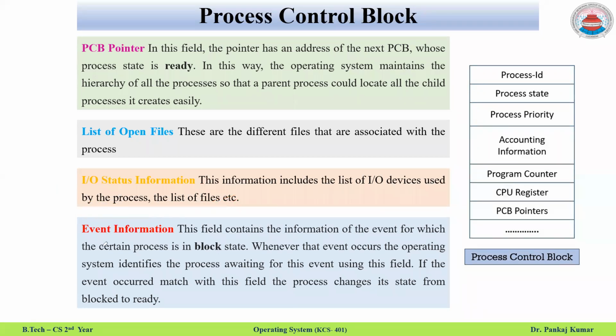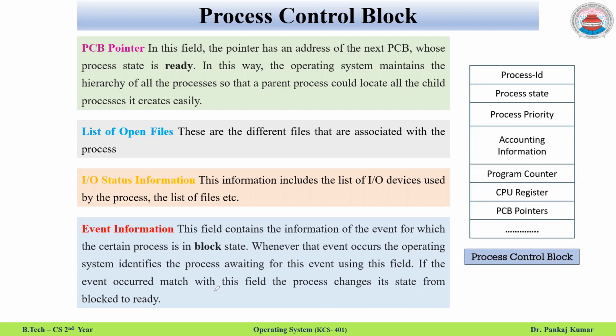The second one is the event information. This will contain the information of the event for which a certain process is blocked. Whenever the event occurs, the operating system identifies the process awaiting this event using this field. If the event that occurred matches this field, the process changes from blocked to ready.